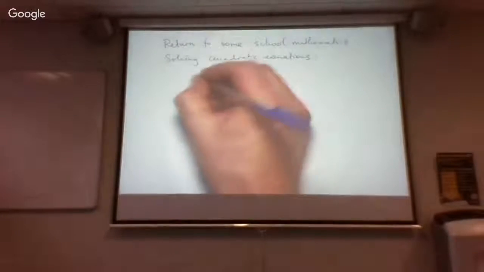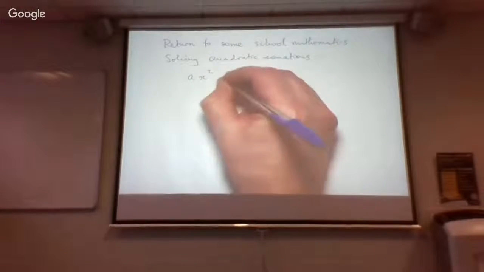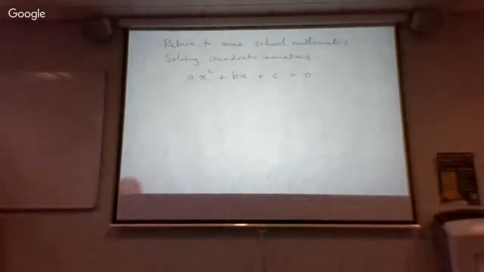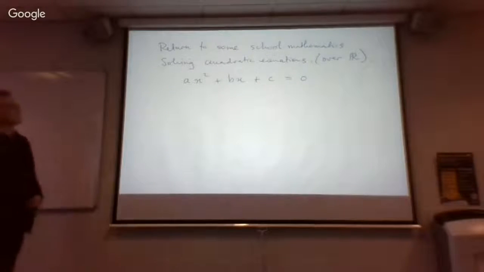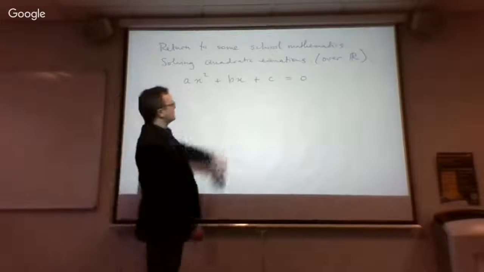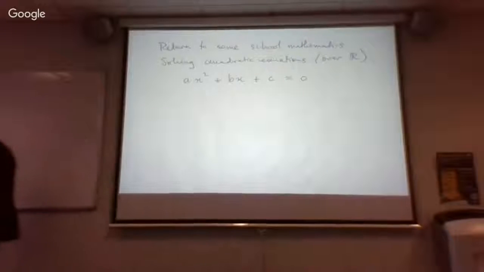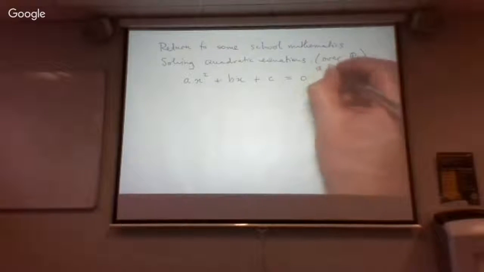So this basic problem is to be able to solve some kind of quadratic equation like this, and let's say we're solving over the real numbers, over R. Finding the real numbers, being presented with an equation like this. So we'll take a, b, and c being real numbers, and we're trying to find if this equation has any solutions x.